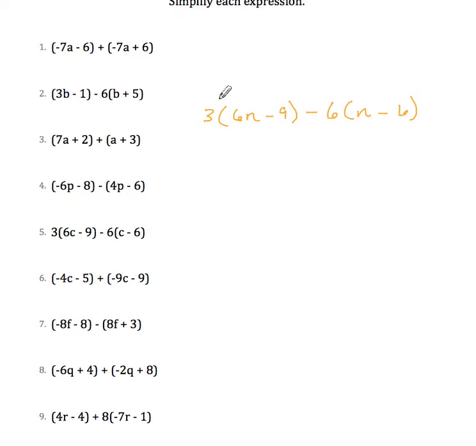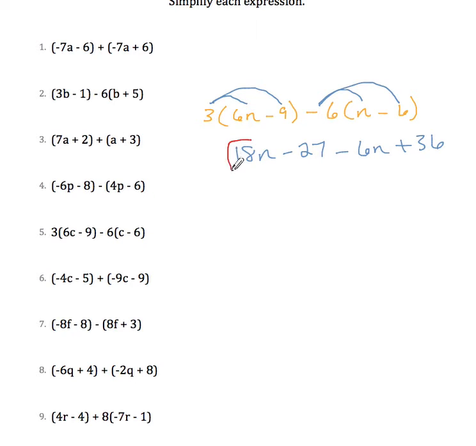We'll expand these out by using the distributive property. So 3 times 6n gives me 18n, and 3 times negative 9 gives me negative 27. Over here, we have negative 6 times n gives me negative 6n, and then negative 6 times negative 6 gives me a positive 36.